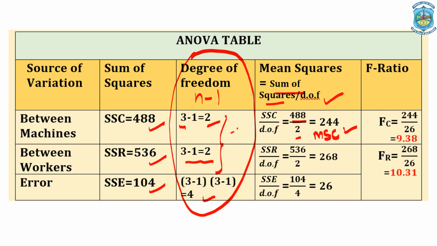Now for the workers, we have to divide SSR by degree of freedom. Our SSR is 536 divided by 2, and it becomes 268, and this mean square is for the rows, that is for the workers. And for the mean square of error, we have SSE divided by degree of freedom, that is 104 divided by 4, and it is 26. So our MSE is 26.